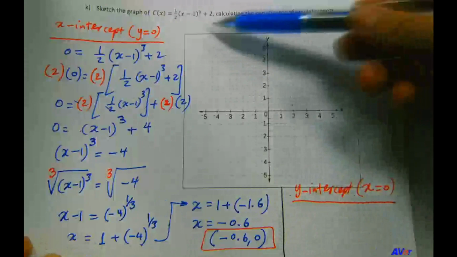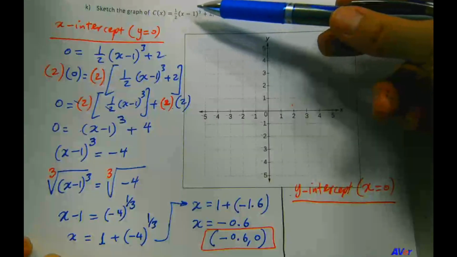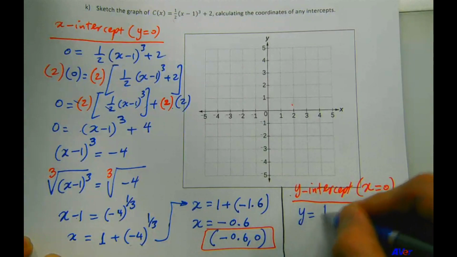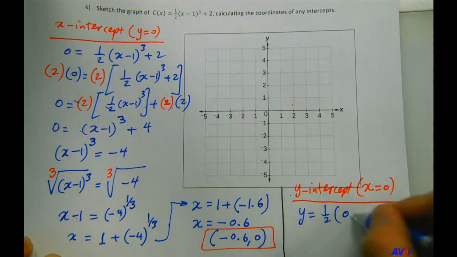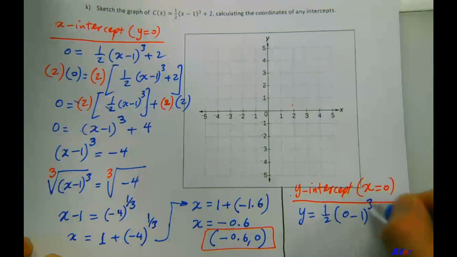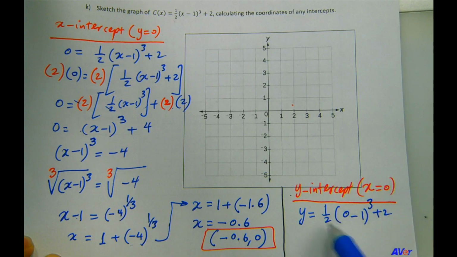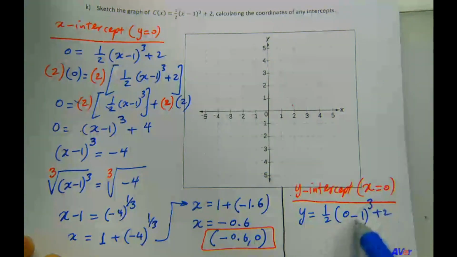So in this function, let's substitute for x with 0 and solve for y. So y equals 1/2 times 0 minus 1 cubed plus 2. I'm going to skip a few steps because I want to fit my solution here. So this would be minus 1 cubed, which is minus 1, plus 2.